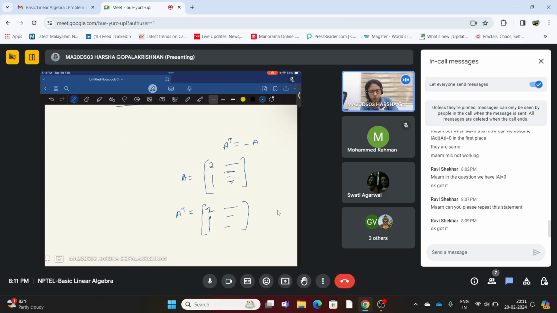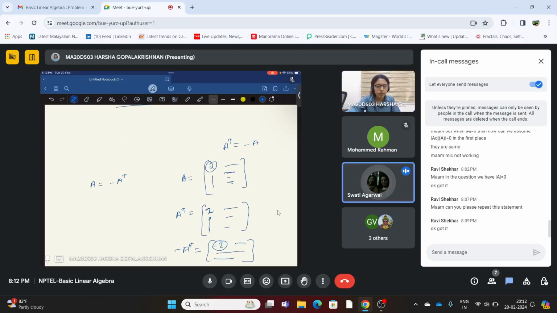A equals minus A transpose, but minus A transpose will have minus 2 and the negative of the other elements. If A and minus A transpose are equal, the positive and negative parts should be equal, right? So it should be 0. Okay, I got it. Yeah, so it should be 0 actually.